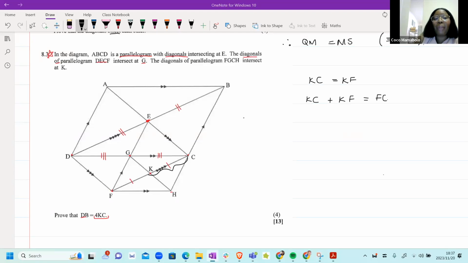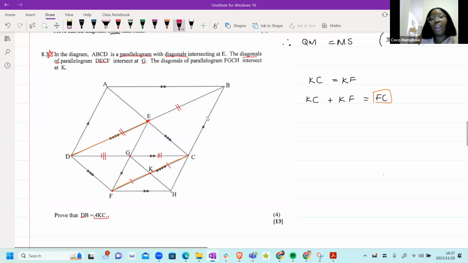Now, if I look at the properties of my parallelogram, what other side is also equal to FC? Correct, part 2. Excellent. DE. Not DB, DE. Be very careful, Pascal. There's FC. FC is equal to DE. You with me? Okay, good.